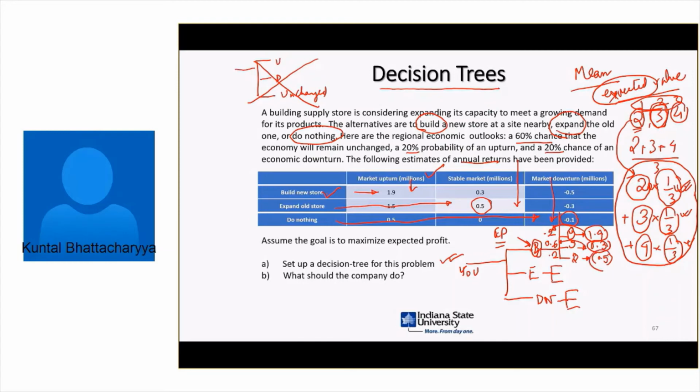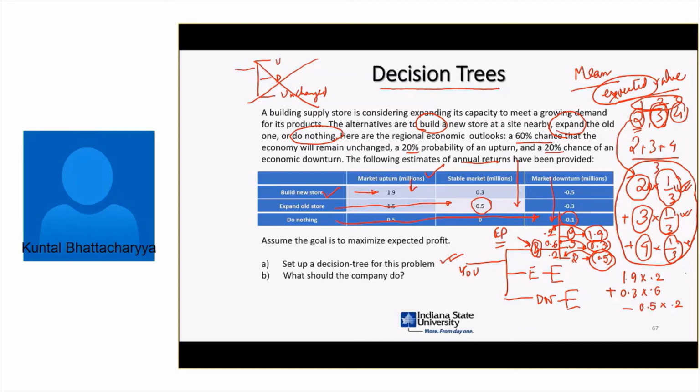This is your outcome with a probability of 0.2. So your overall expected value, if you build, would be 1.9 times 0.2 plus 0.3 times 0.6 minus 0.5 times 0.2.